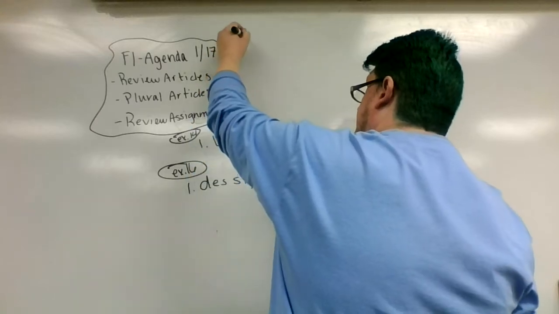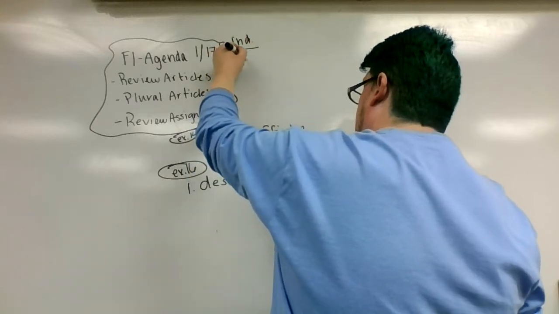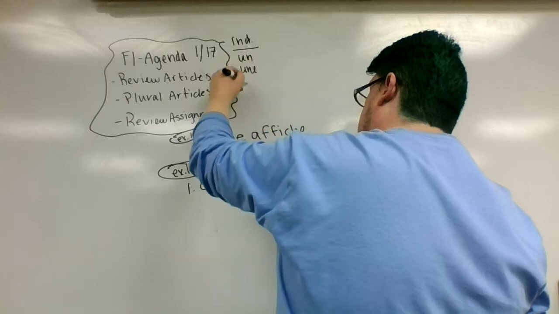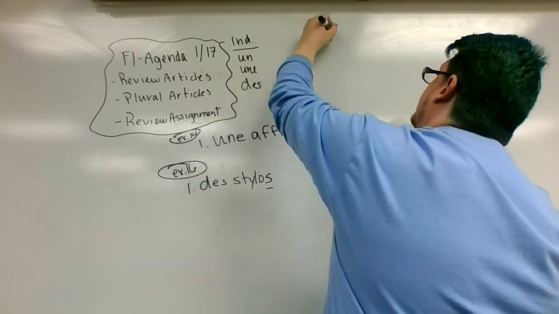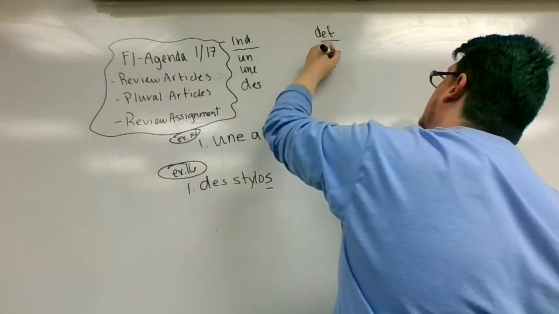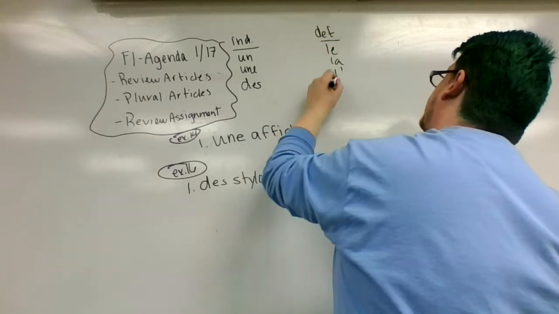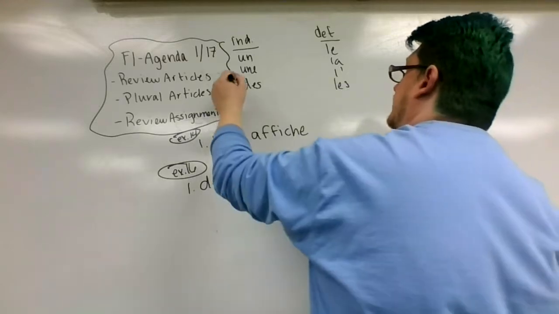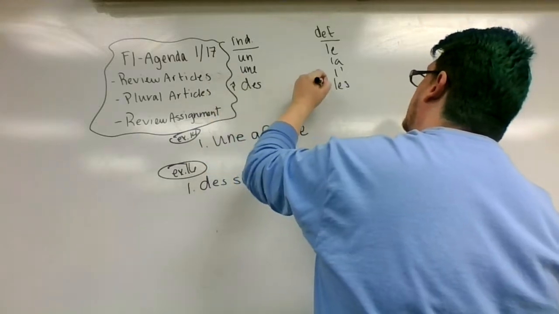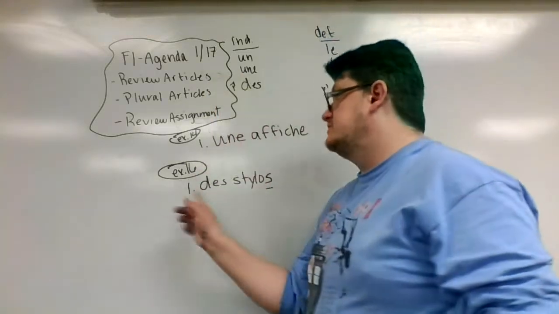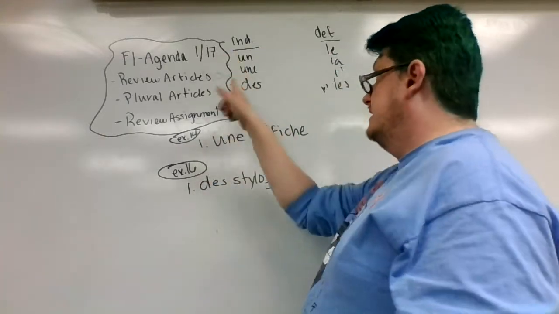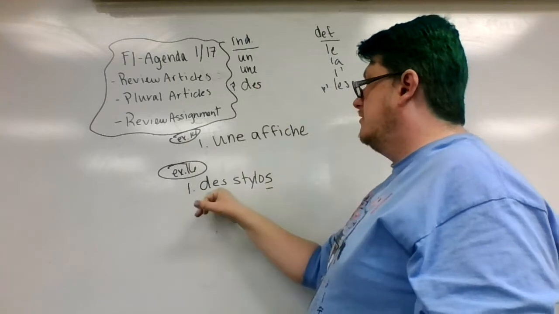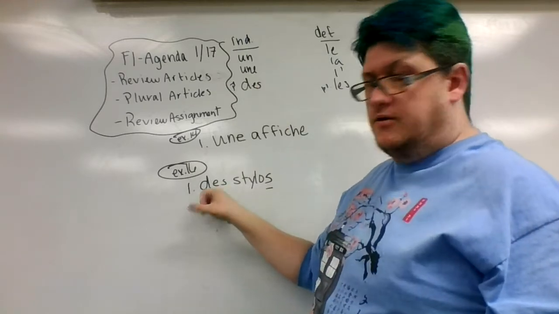So, indefinite are un, une, using des as the plural. Definite are le, la, l apostrophe, les. Right? So these are the plural ones. You use those to determine that. So since it said un stylo, that's indefinite. So the plural form of the indefinite article is des stylos.